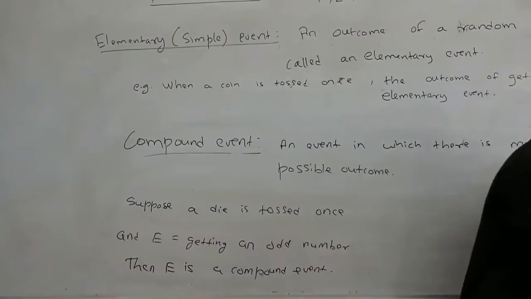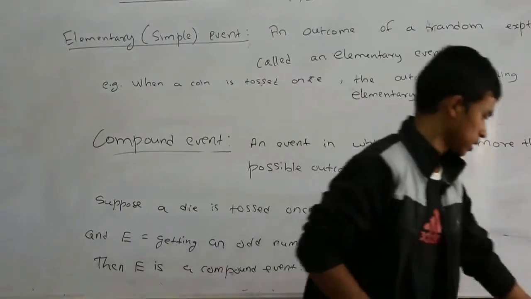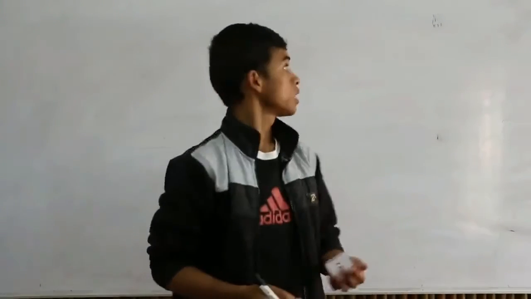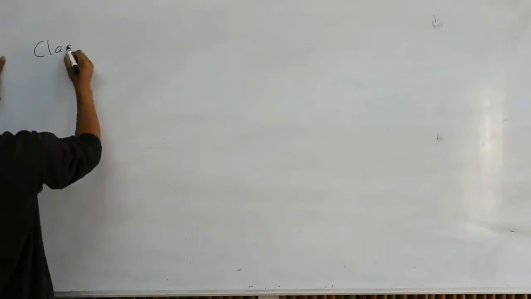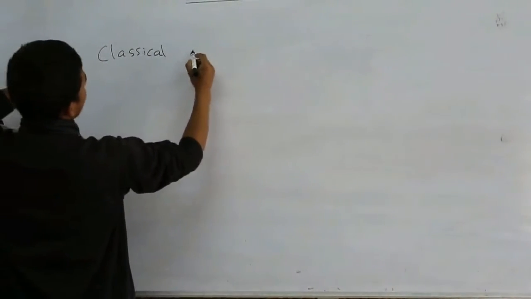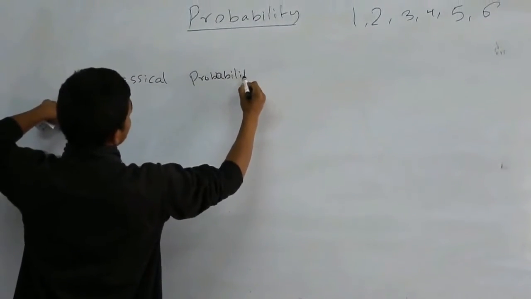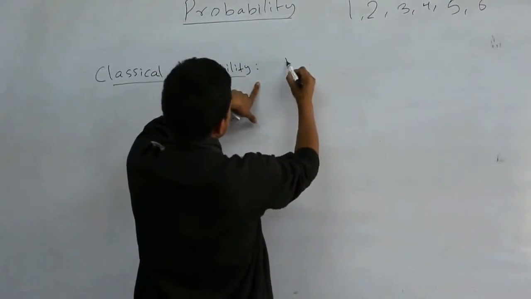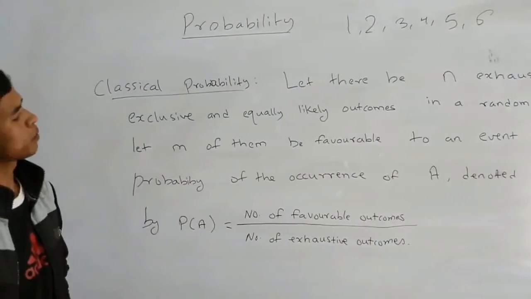Now we will look at the definition of probability. Let me first write down the definition and I will explain after I finish writing. Probability, or the classical definition of probability.